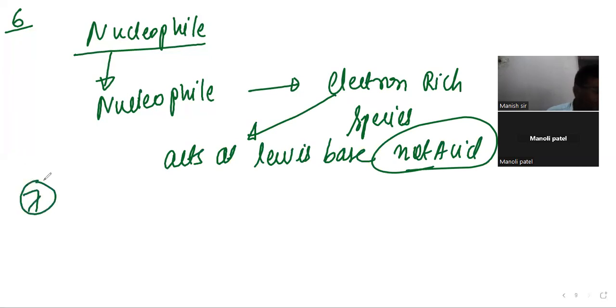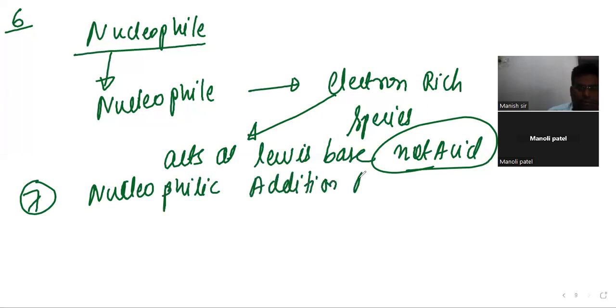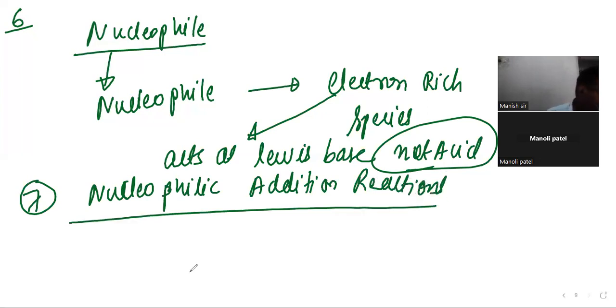Now see the next, question 7. Which is the most reactive towards nucleophilic addition reaction? We have to find the most reactive one. Electron withdrawing groups are more reactive towards nucleophilic addition reaction. This statement is very important, so write it down.